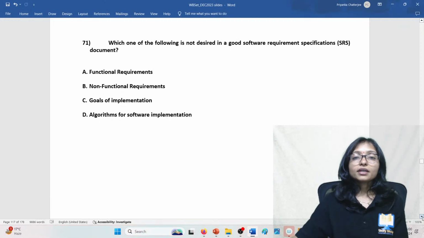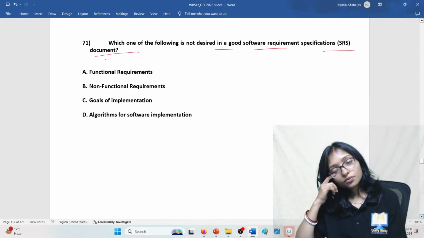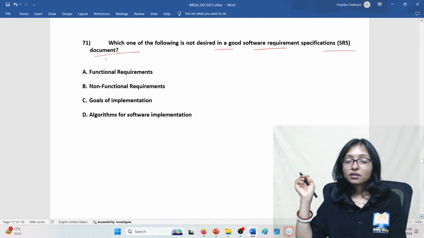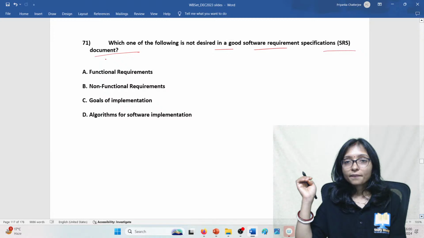Which of the following is not desired in a good software requirement SRS document? Tell me what is the correct answer.